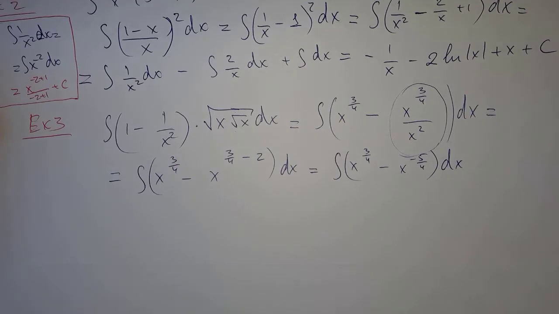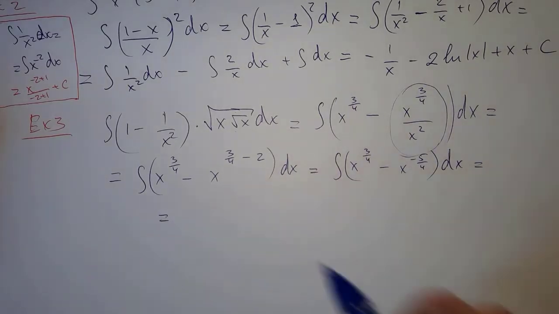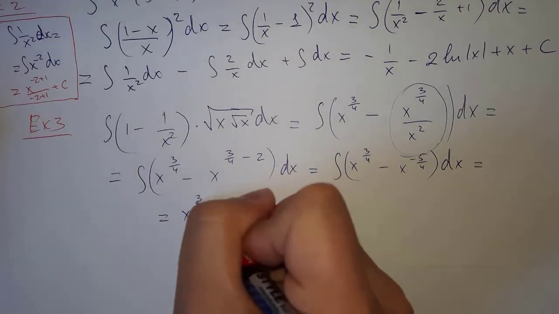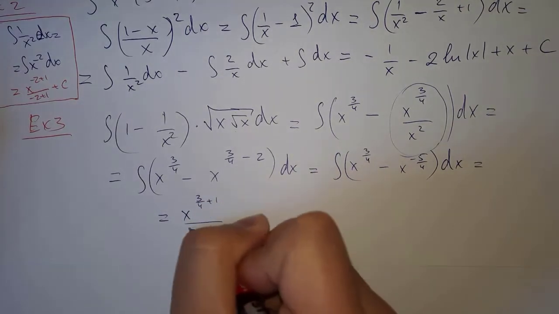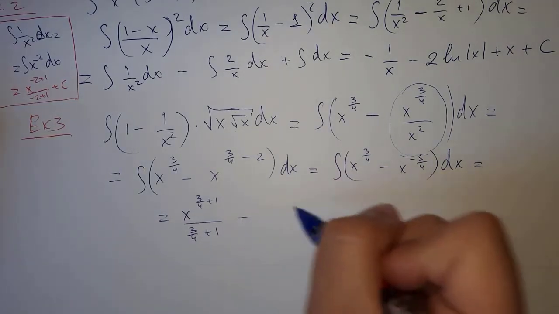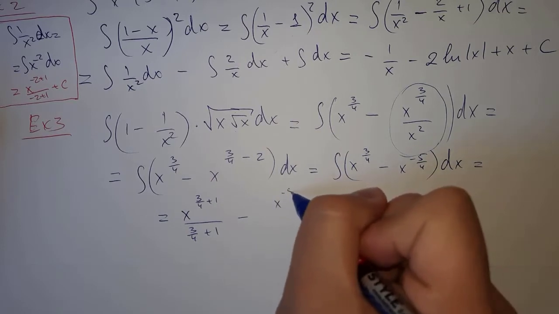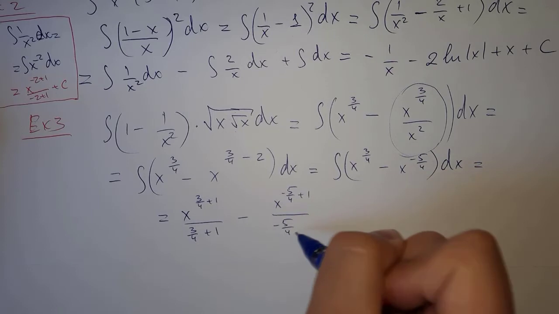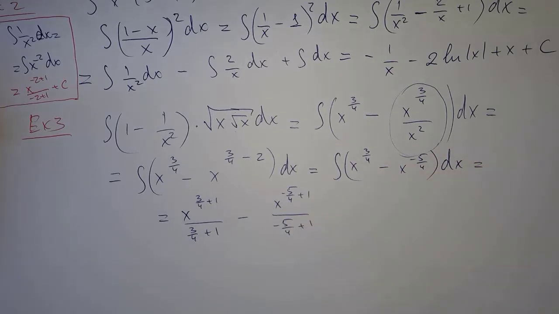Okay, and now we can continue and find our solution. So here x to the 3 over 4th plus 1 over 3 over 4th plus 1, then minus x to the minus 5 over 4th plus 1 over minus 5 over 4 plus 1.